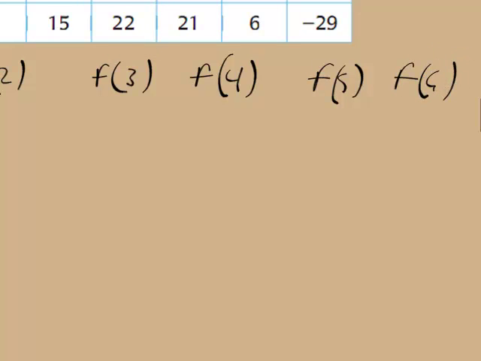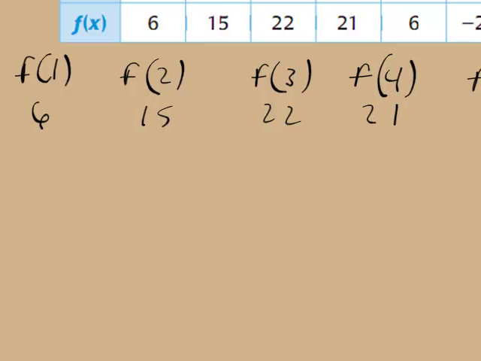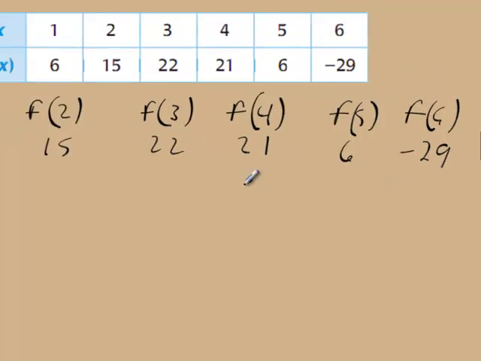And right below there, I'm going to write down the value of each of these. So f of 1 is 6, f of 2 is 15, f of 3 is 22, f of 4 is 21, f of 5 is 6, and f of 6 is -29.